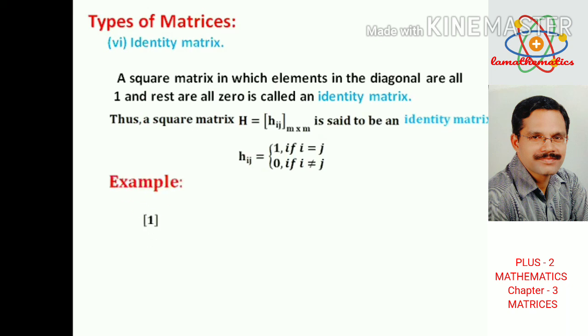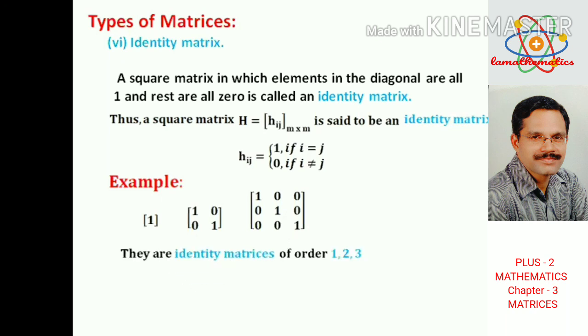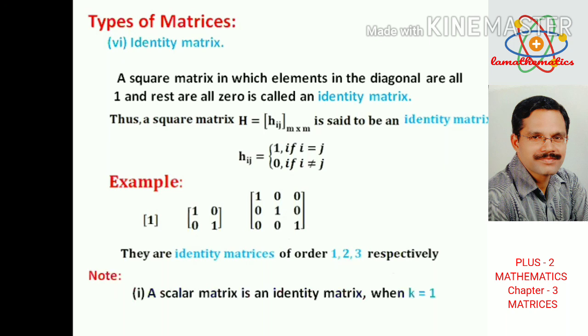Example, matrix 1, matrix 1 0 0 1, matrix 1 0 0 0 1 0 0 0 1. They are identity matrices of order 1, 2, 3 respectively. Note, a scalar matrix is an identity matrix when k equal to 1. Every identity matrix is clearly a scalar matrix.